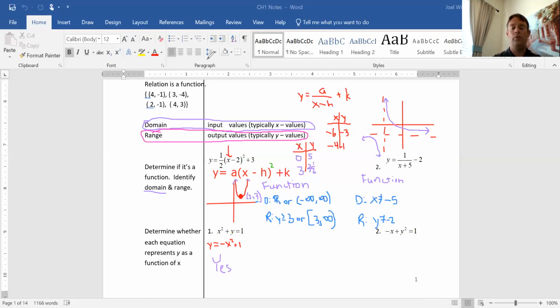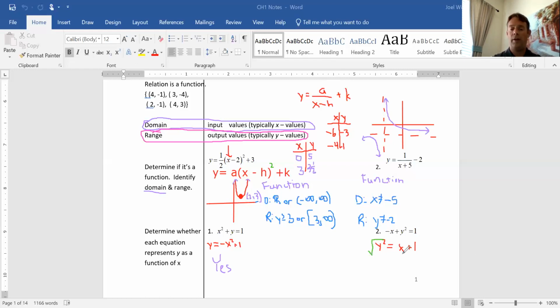Over here on this one, we've got to get y to be by itself. So if I were to do that, I'd get y squared equals x plus 1. And then to get the y by itself, I've got to get rid of that square, and we do that by doing a square root.